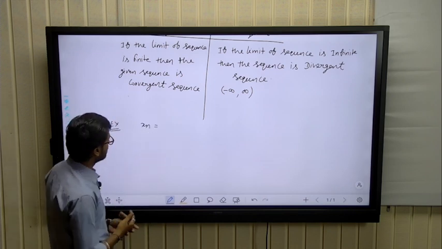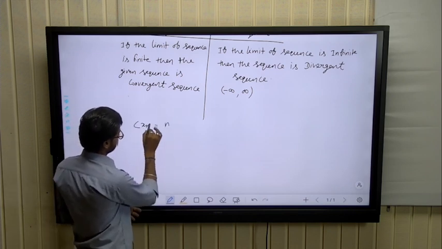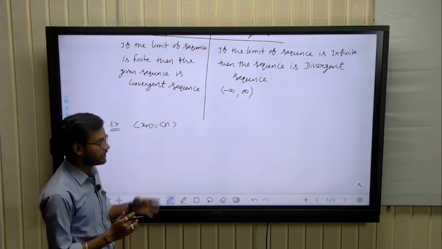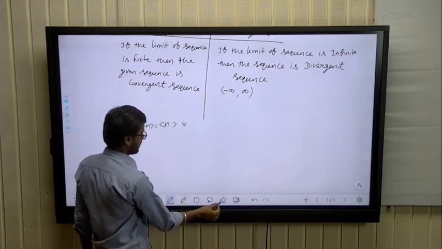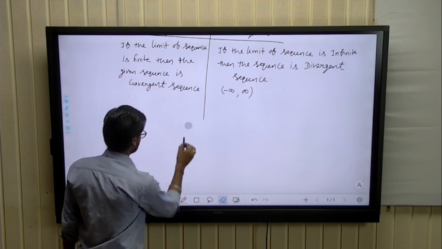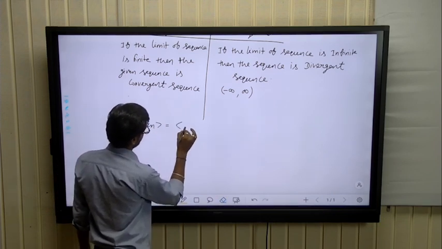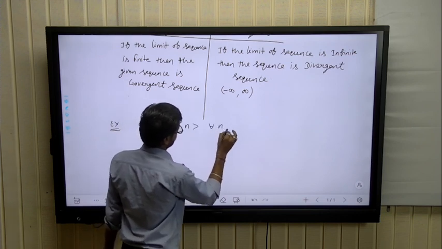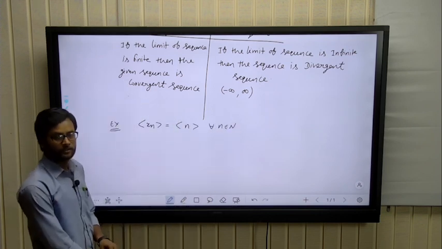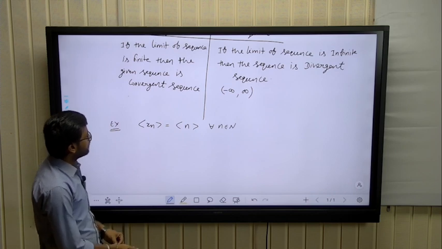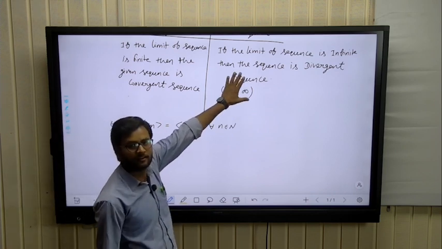Okay, so the example is, suppose that the given sequence is n. I write it clearly here. Now the steps are like a convergent sequence.